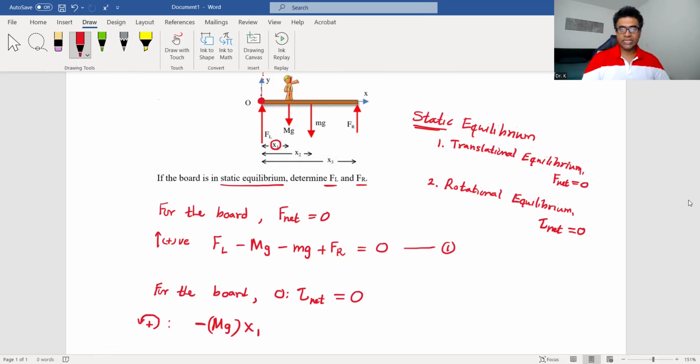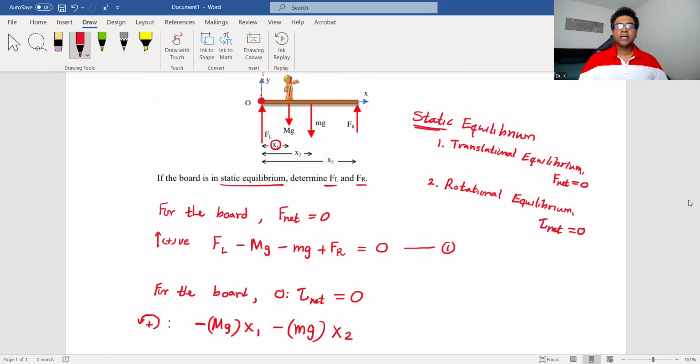That's what I have done here. Then I go to the next force, which is the weight of the beam. Again, that's going to cause a clockwise torque about point O, so again I'm going to put a negative sign. This time it's going to be lowercase mg times x2.